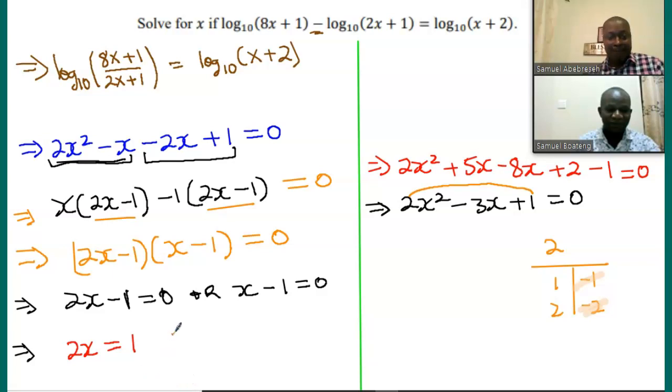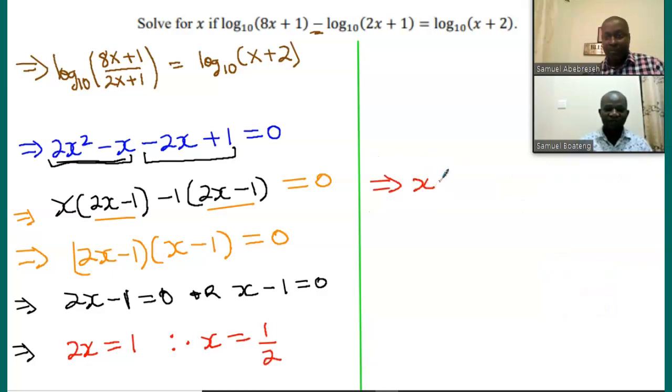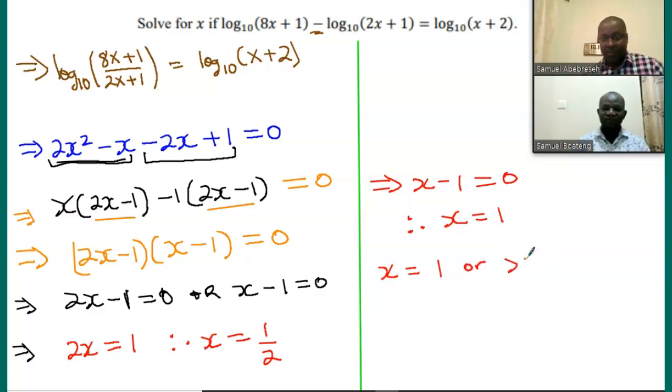Therefore, x is equal to 1 on 2. x minus 1 equal to 0, which implies that x is equal to 1. I have two values of x. x is equal to 1, or x is equal to half. So it's not always that you get a single solution. So we have an equation involving logarithm, which will lead to quadratic, and hence we're going to get two solutions.